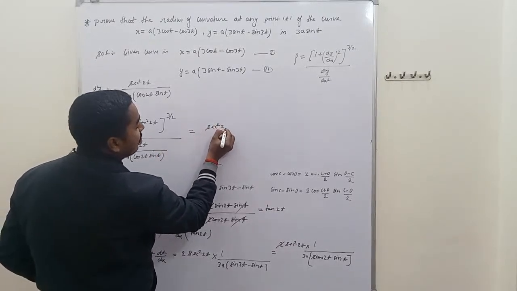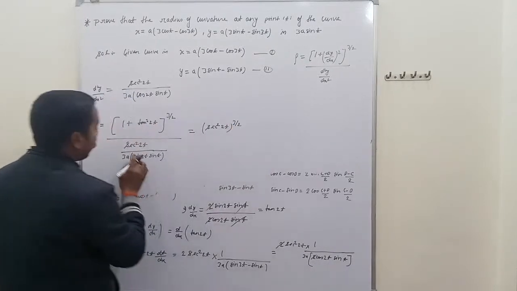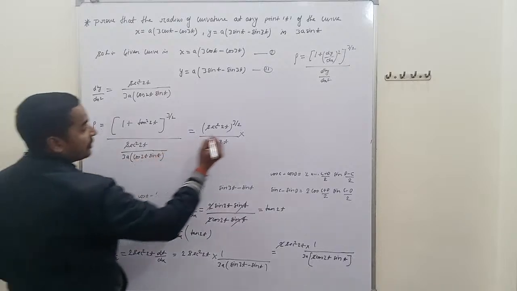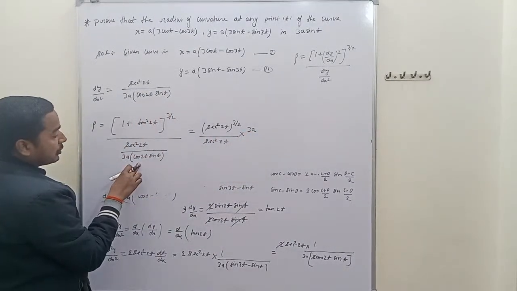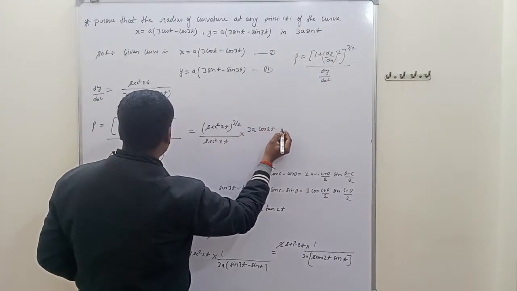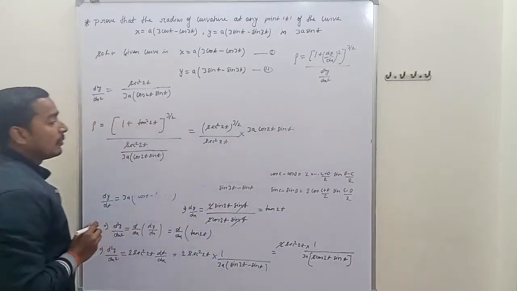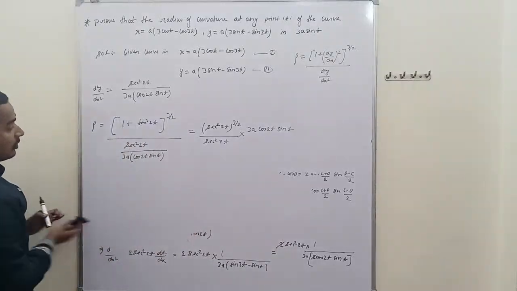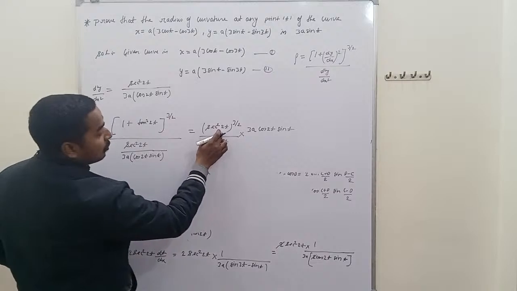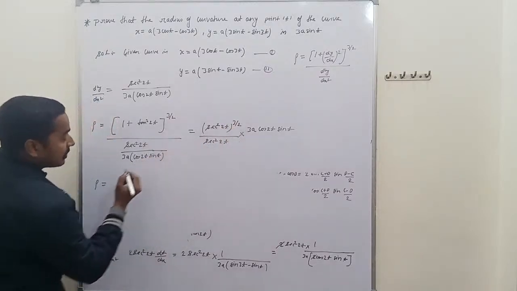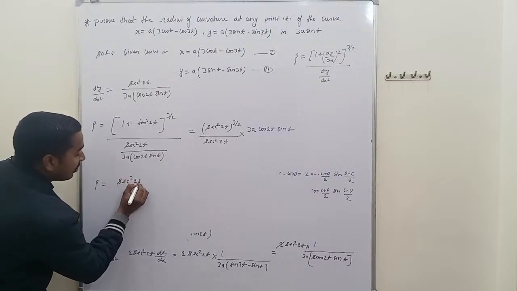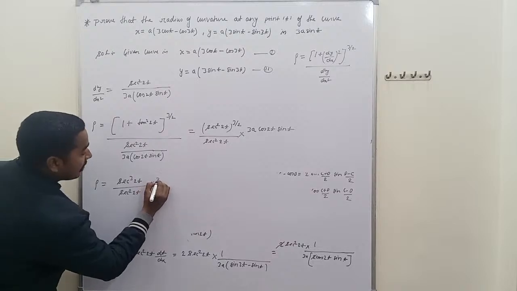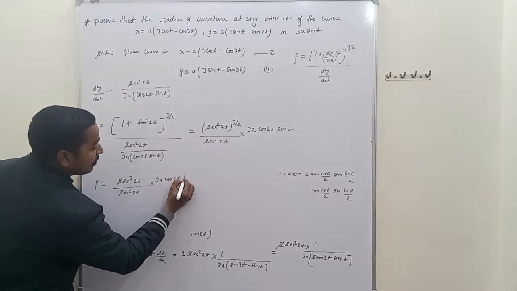This is sec square 2t whole power 3 by 2 upon sec square 2t into 3a cos 2t into sin t.